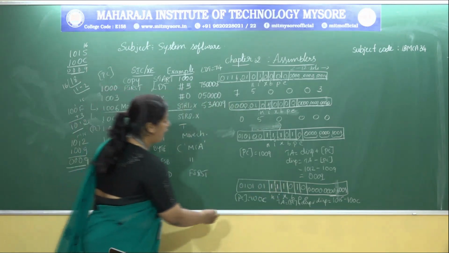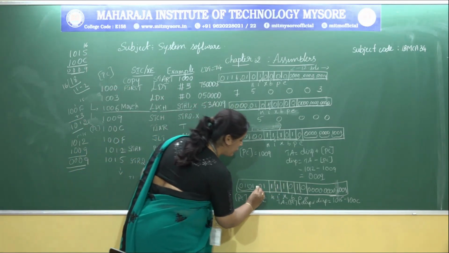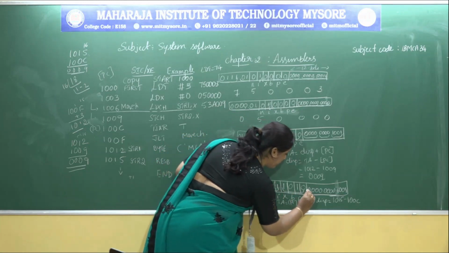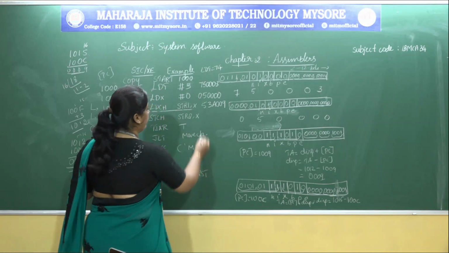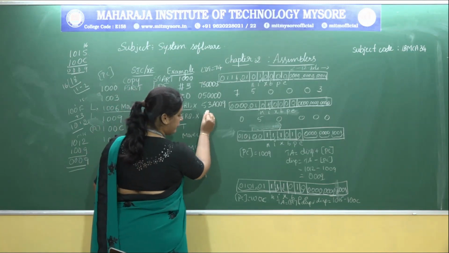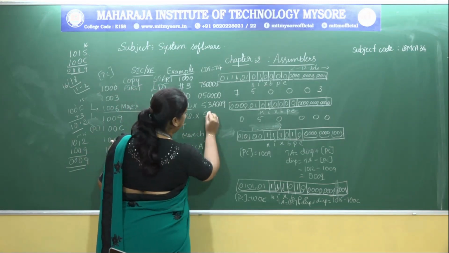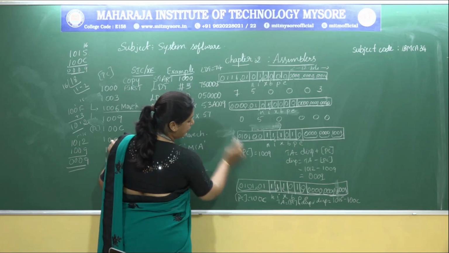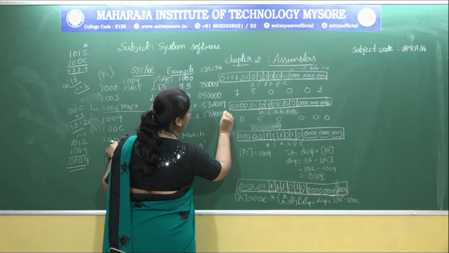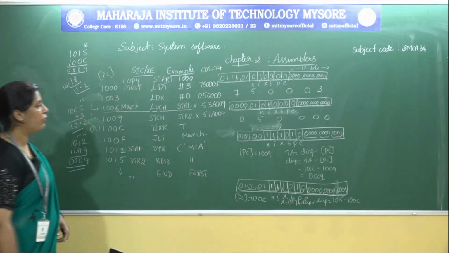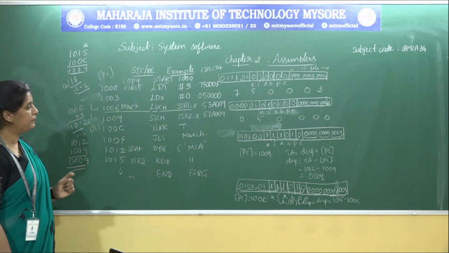After that we make groups of 4 bits each and write the corresponding hexadecimal digit. So we get 5, 5, 7, 5, 7, 8 plus 2 is 10, 10 is A, 009. This is the object code for that instruction.